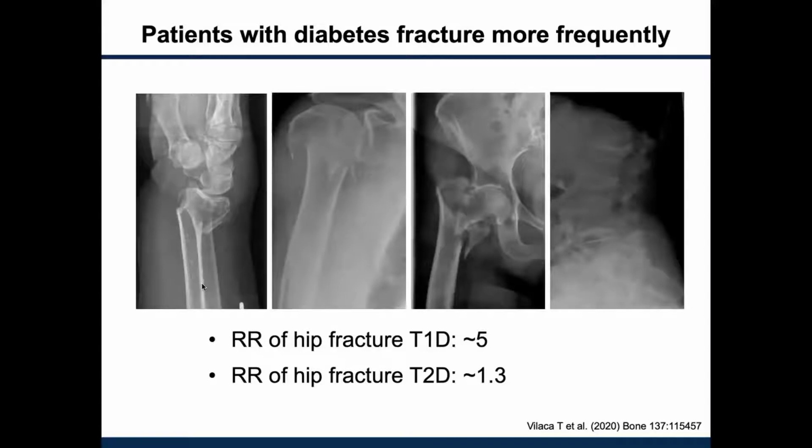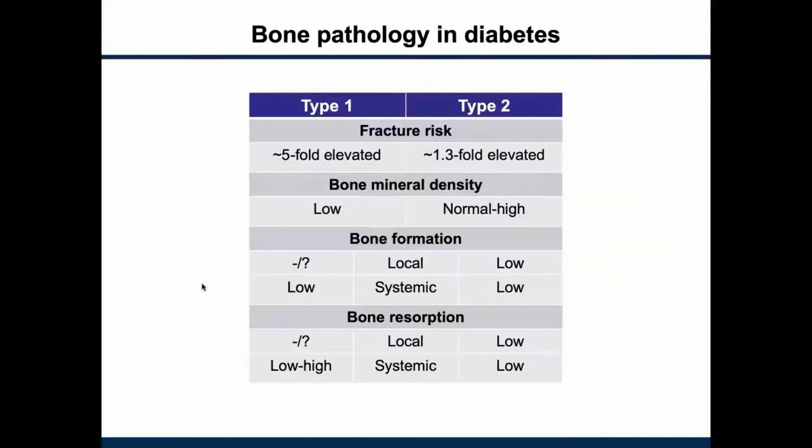And here Peter Westergaard and also Richard already talked about this quite excessively, I think. But just to summarize here again, I think current numbers of the relative risk of hip fractures in type 1 diabetes is about 5-fold, whereas in type 2 diabetes, it's about 1.3-fold. So there is an increased risk of fracture in both subtypes.